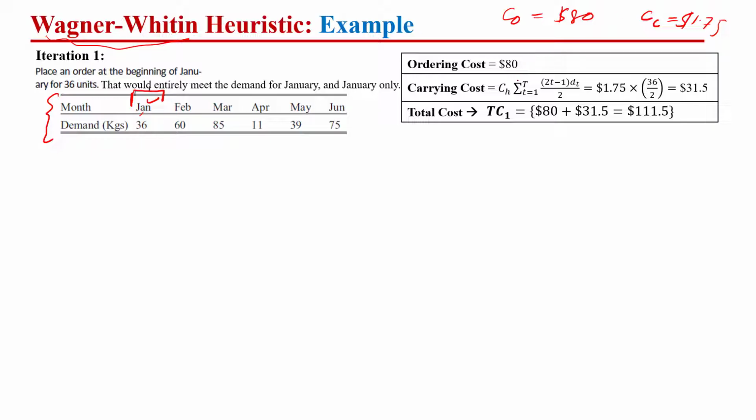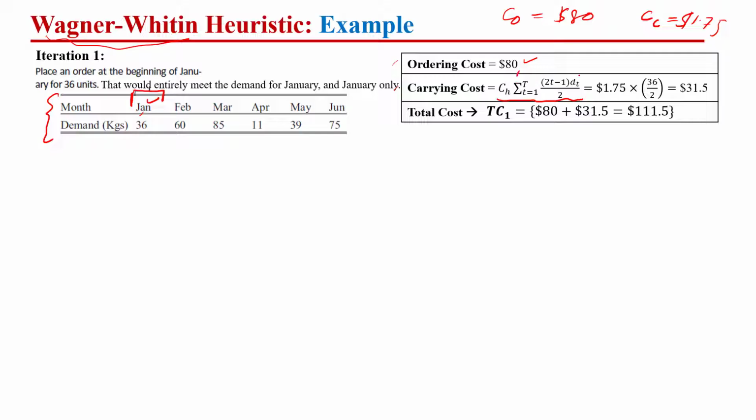The total cost is the sum of the ordering and the carrying cost. The order cost at the start of January is $80, and the average carrying cost we are going to calculate with the help of this formula, which we already discussed in detail while talking about the Silver-Meal heuristic in our previous video lecture.